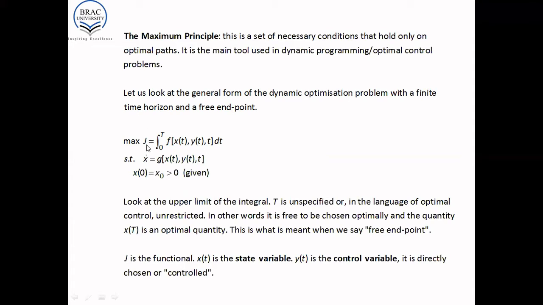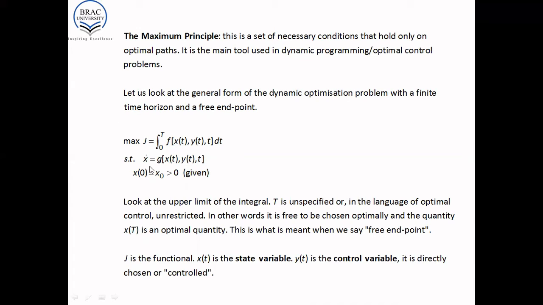So you want to maximize J, or functional, between the lower limit of 0 and upper limit of capital T, the integral of f of x of t, y of t, and t dt. So your function will include an x, which is a function of t, y, a function of t, and t itself, explicitly, subject to some differential equation governing x.